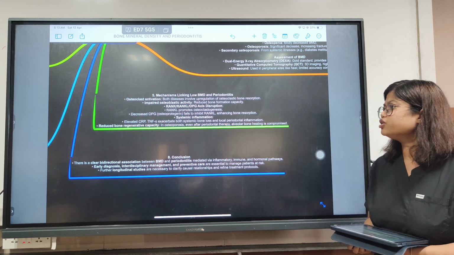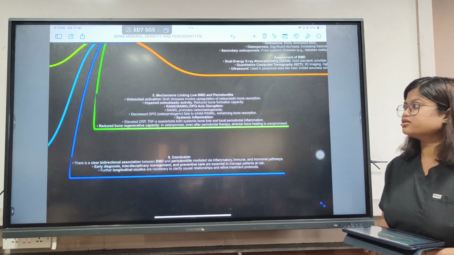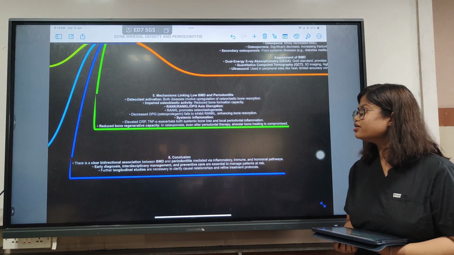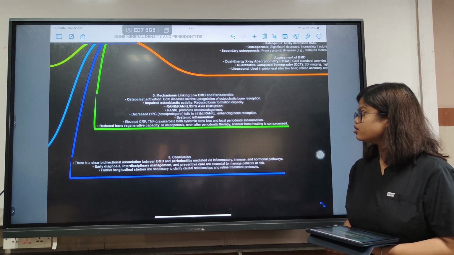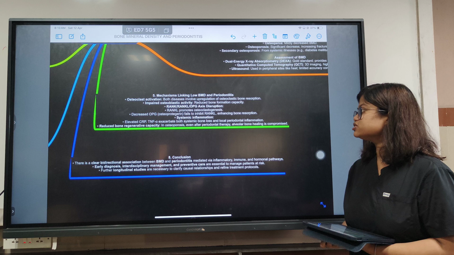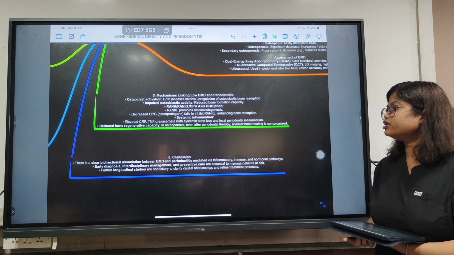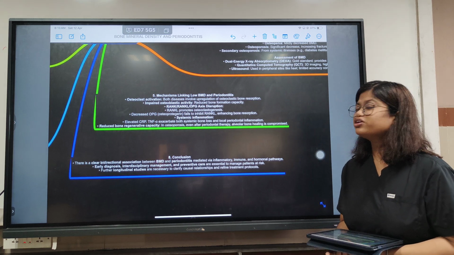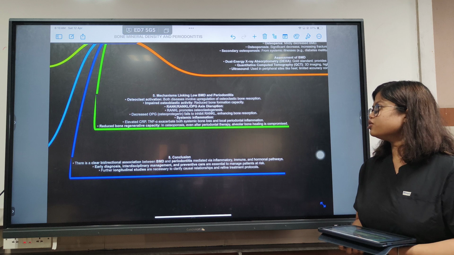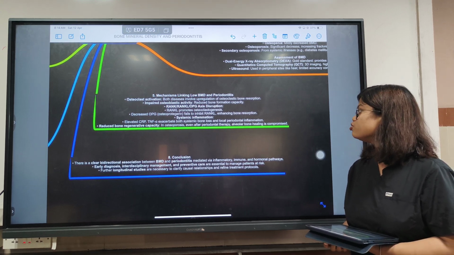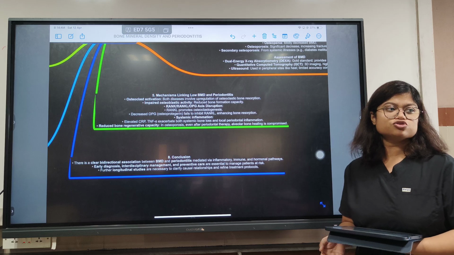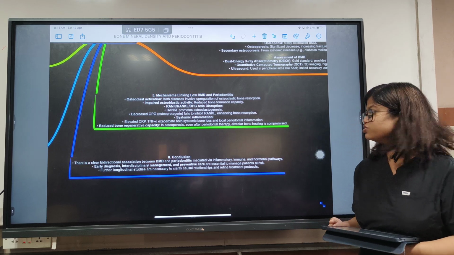This in turn will lead to elevated CRP, which is an inflammatory marker, and TNF-alpha. Both will be exacerbated, leading to both systemic bone loss and local periodontal inflammation, and reduced bone regenerative capacity in osteoporosis. Even after periodontal therapy, we have seen that alveolar bone healing is compromised, so adjuvant therapy is also needed.